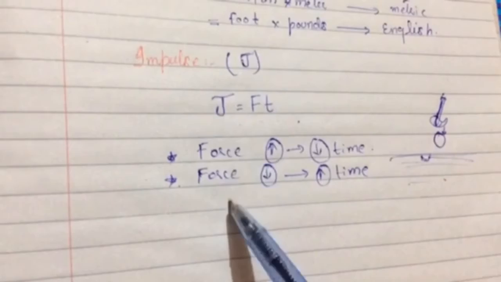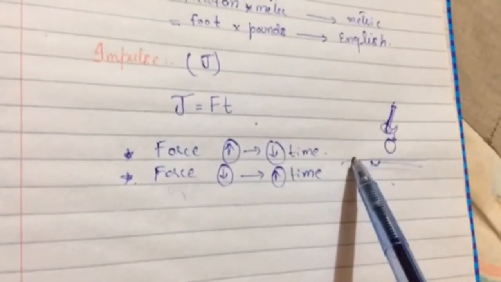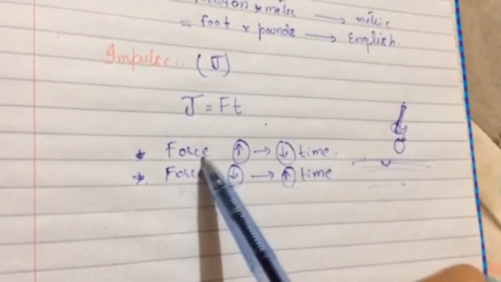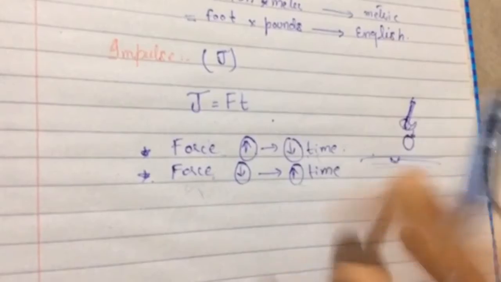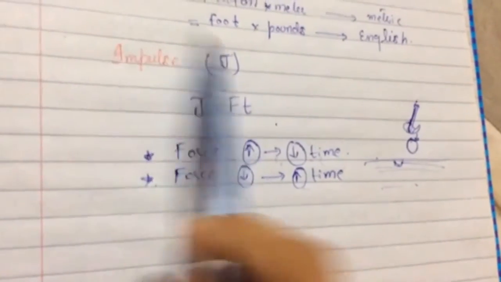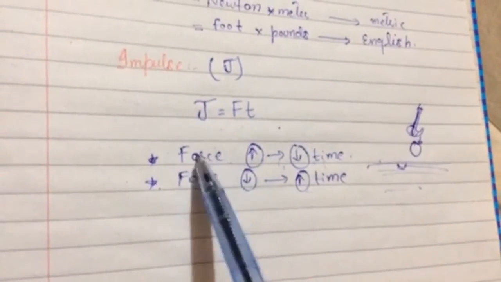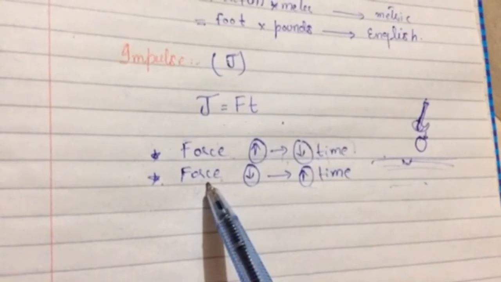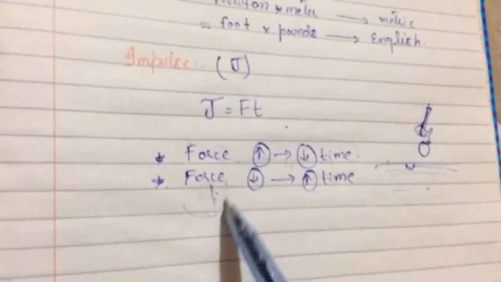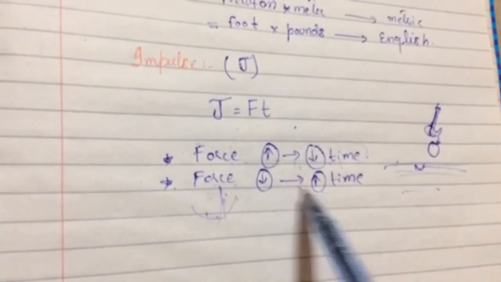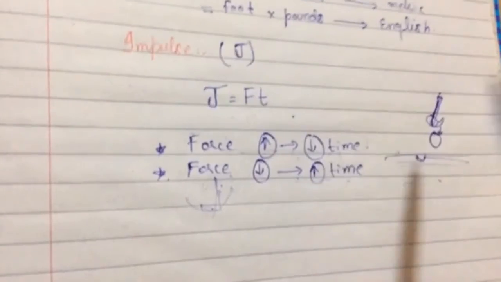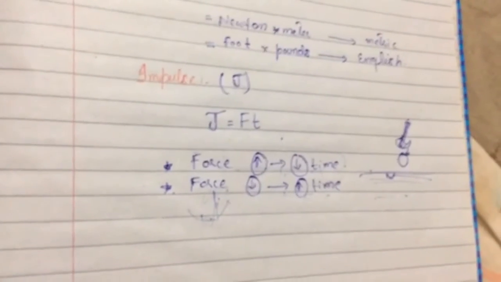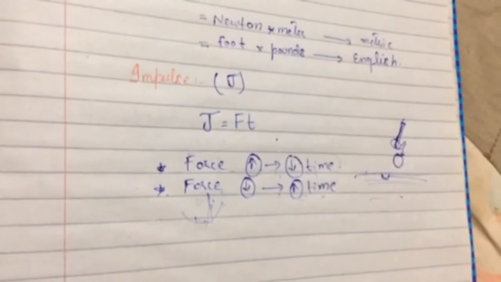In this example we have seen that if force increases, time decreases, because the ball is hit with a large force but the time duration is only seconds. And with the golf ball, the force is smaller but the duration is long. Simply like that.